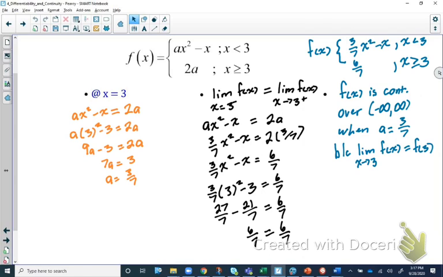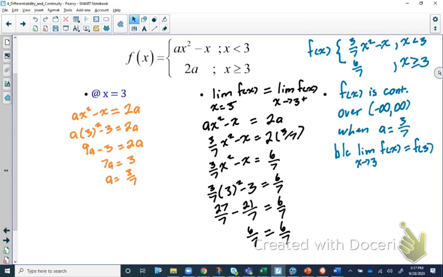On the right side, that's just 6 over 7. We can't plug anything in for x on that one because x isn't there. It's just a constant. When I evaluate, I get 27 over 7 minus 21 over 7, using a common denominator on the left side, and 27 minus 21 over 7 does simplify to 6 over 7. So the limit exists. The limit as x approaches 3 should be 6 over 7.